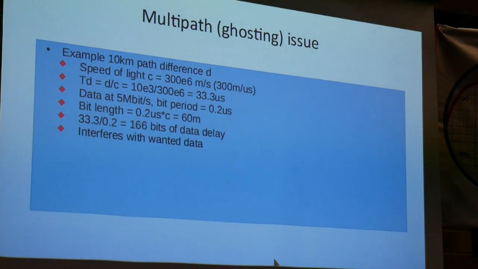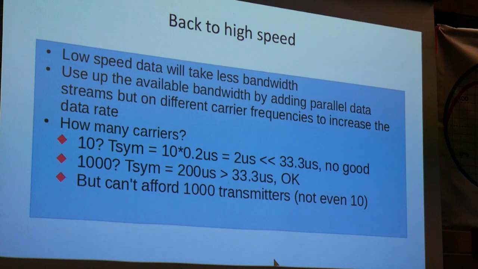So all that data is arriving at you, of course, out of sync with the data that you want, because it's 166 bits later. So it's no good, it interferes with it. So COFDM gets around that problem by slowing the data rate down, essentially, and spreading it over multiple carriers.